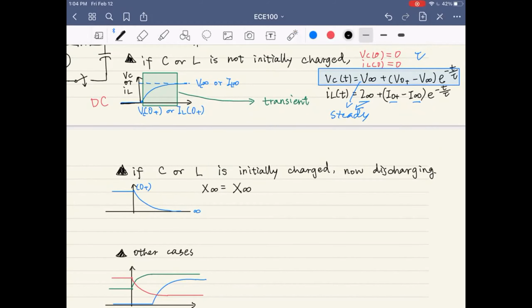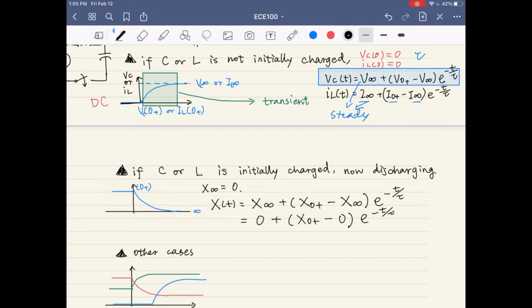Let me write it down first: infinity value plus 0 plus minus x infinity times e to the minus t over tau, right? In this case, the infinity value should be 0. To simplify it, we get x of 0 plus minus 0, times the exponential, right? And what do we get?